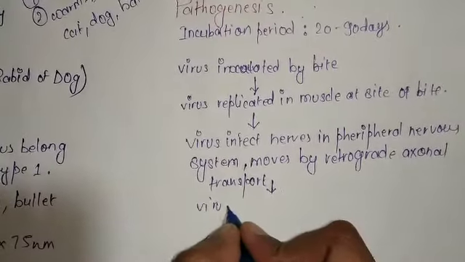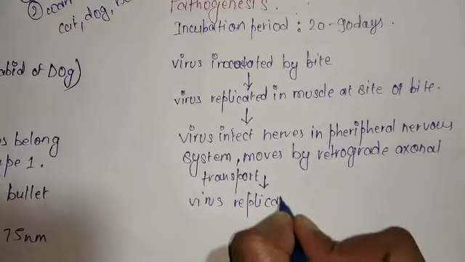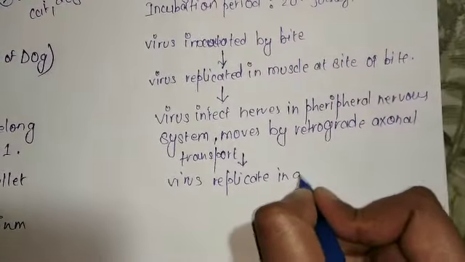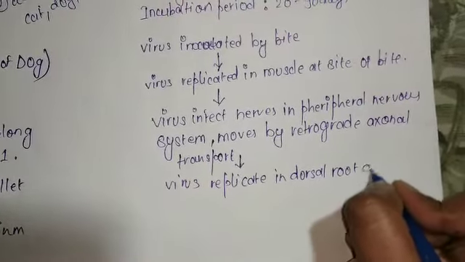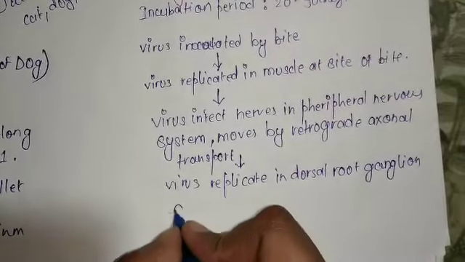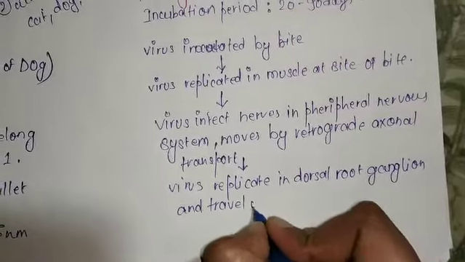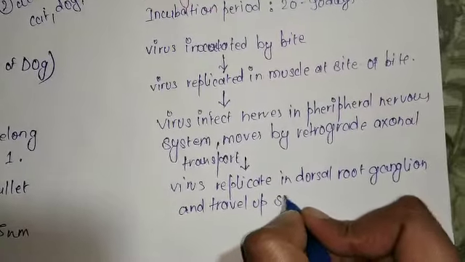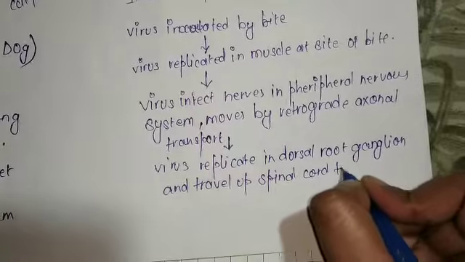Then the virus replicates in the dorsal root ganglion and travels up to the spinal cord, to the brain.